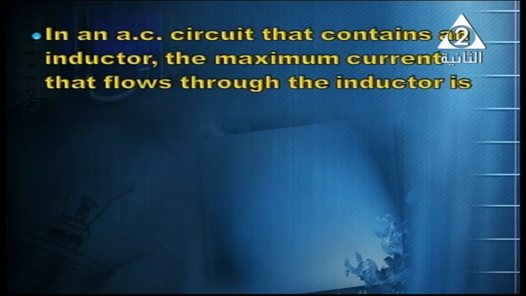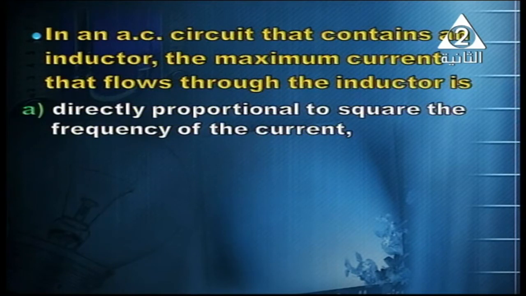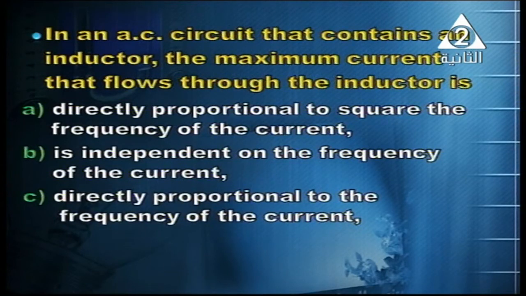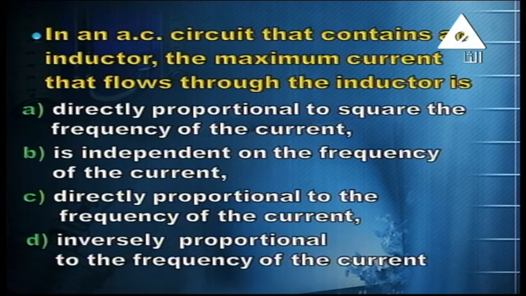Another choice. In an AC circuit that contains an inductor, the maximum current that flows through the inductor is directly proportional to square the frequency of the current, independent of the frequency of the current, directly proportional to the frequency of the current, or inversely proportional to the frequency.